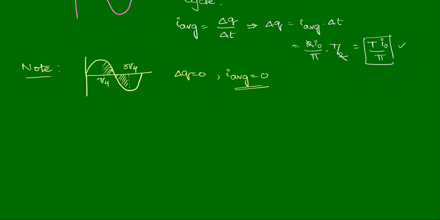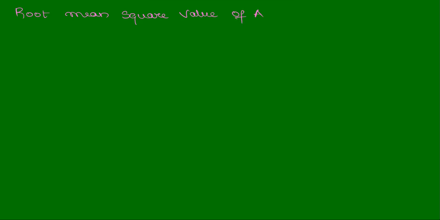And after average value, we'll have the RMS value, or root mean square value, of AC. And the general formula will be like this.